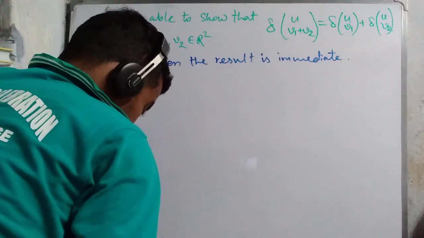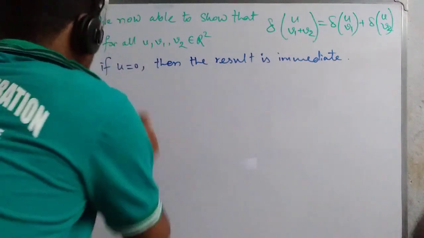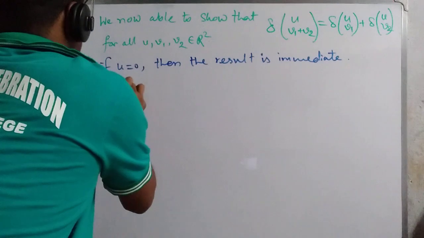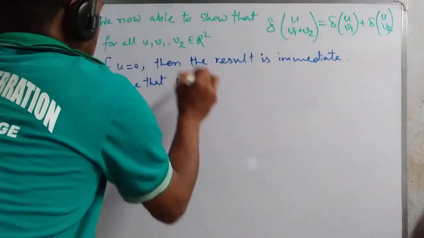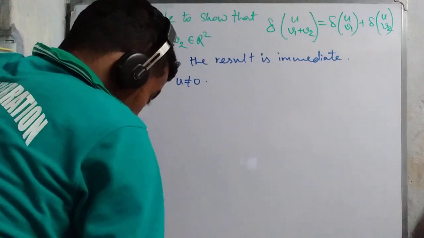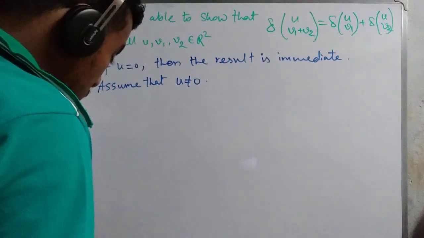Here then we assume that u not equal to 0. Okay, then what happens?